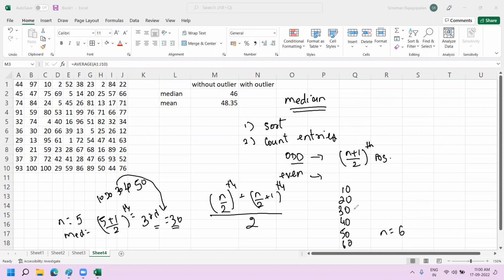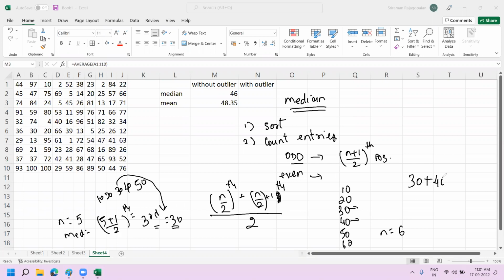So what is the third position? Value is 30. So 30 plus n by 2 plus 1. Actually the bracket is in the wrong place. This n by 2 plus 1. So how much is this? Fourth position. So what is the fourth position? 40.